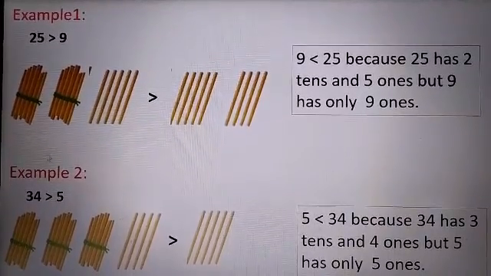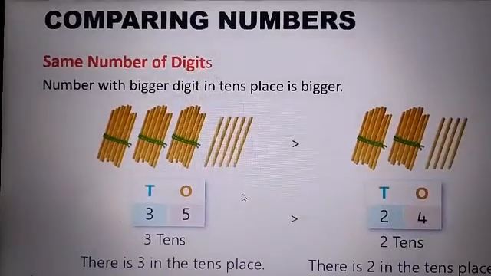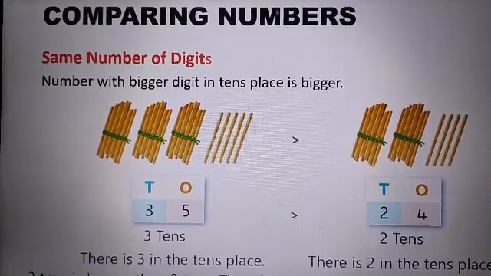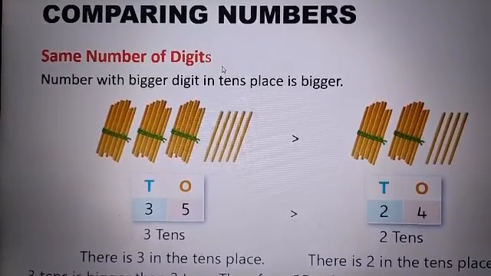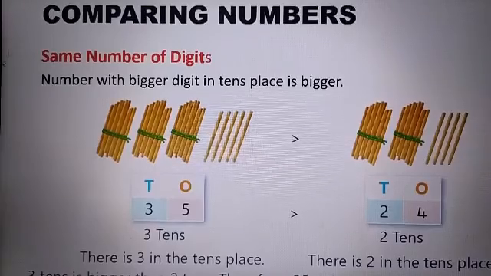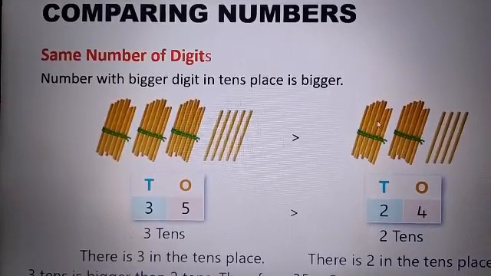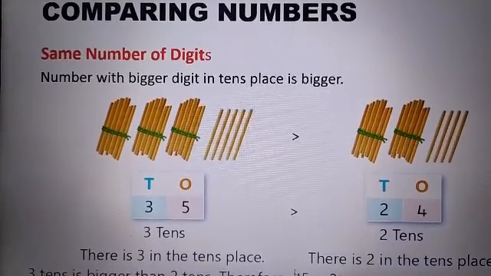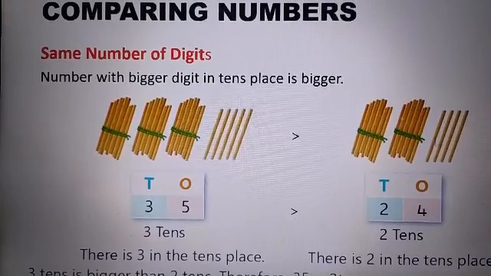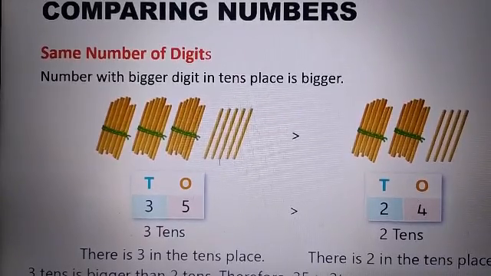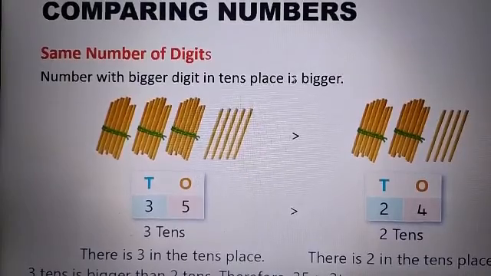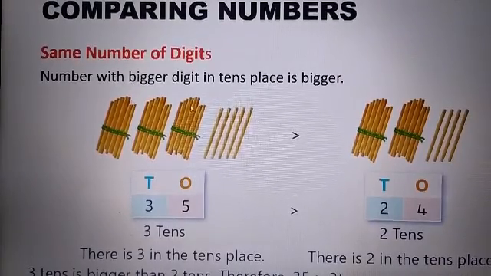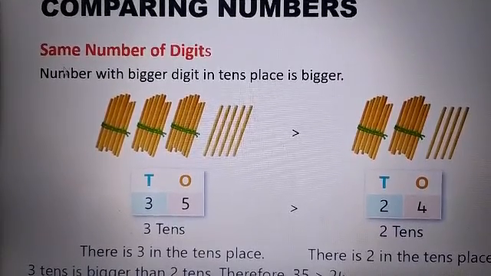Now let us see the next type. Comparing numbers with the same number of digits. Same number of digits means what? If on both sides you have 2-digit numbers or both sides 1-digit numbers. 1-digit numbers you have already done. Now let us see, if you have 2-digit numbers on both sides, how you will find which one is the bigger one.